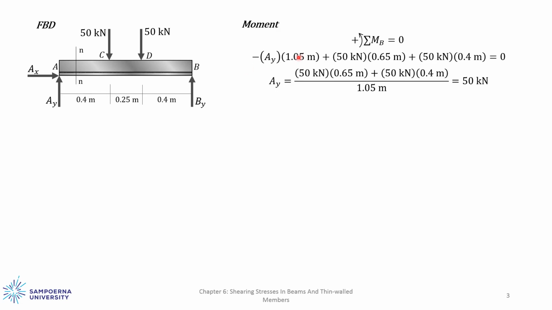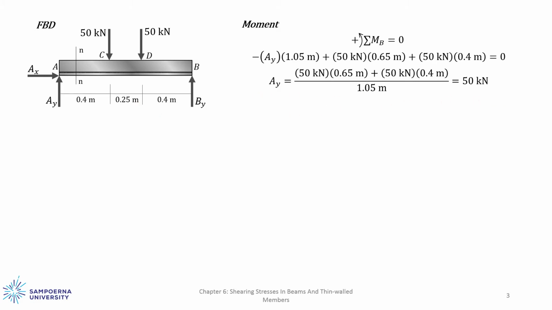AY is negative because it's clockwise, times this length. Force at C is positive because it's counterclockwise, times this length. Force at D is also positive, times this length, and we get AY.